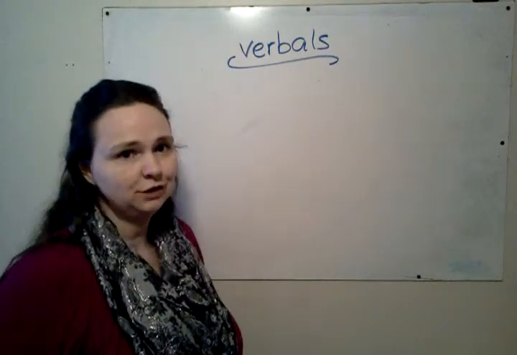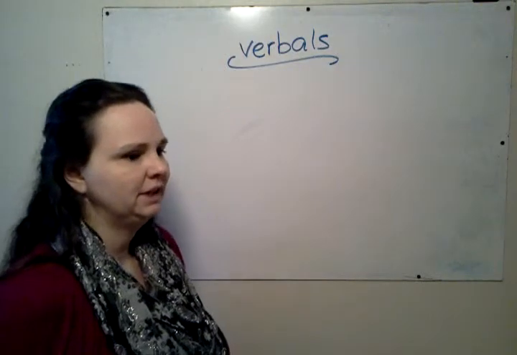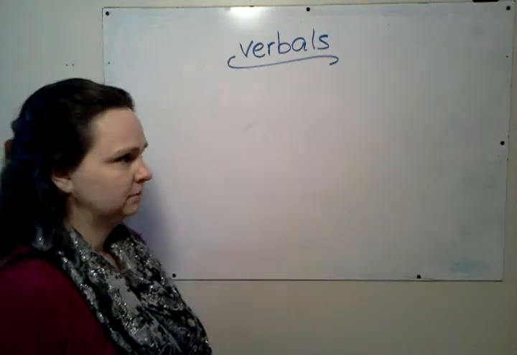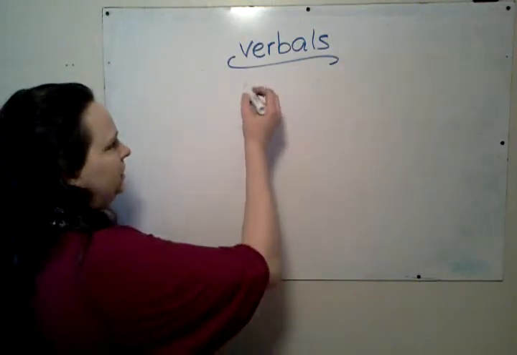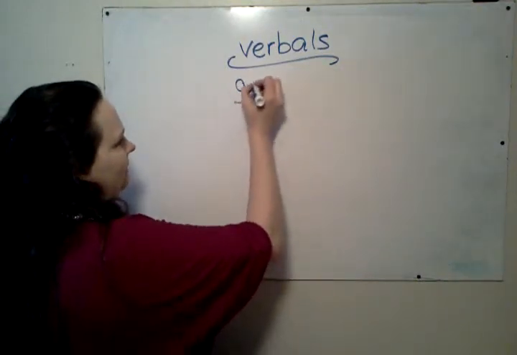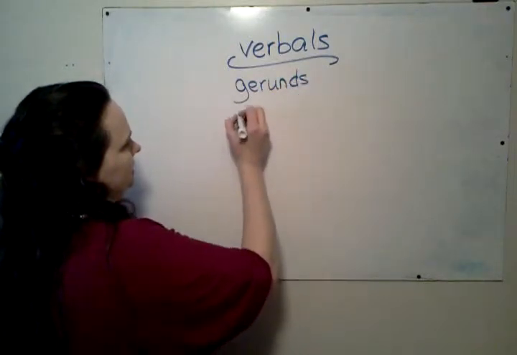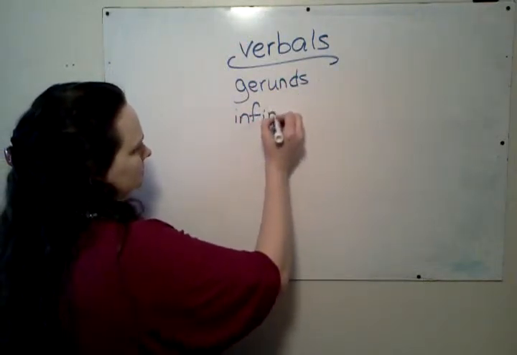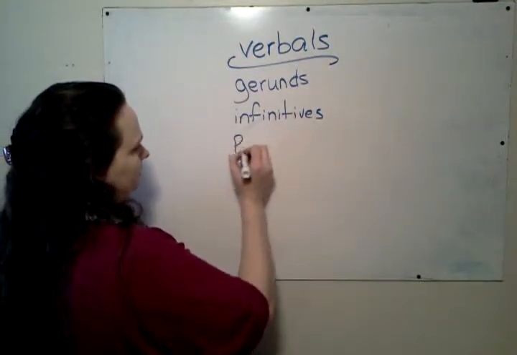That's what they are. They are verbs, but they're not doing the verb job in the sentence. They're doing an adjective job, possibly a noun or an adverb job. There are 3 types of verbals. There are gerunds, infinitives, and participles.